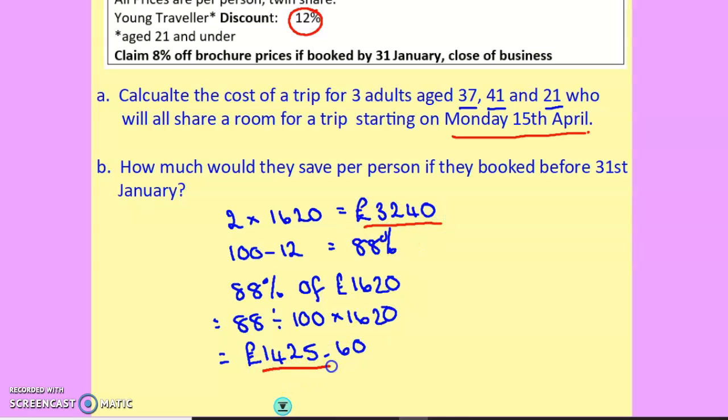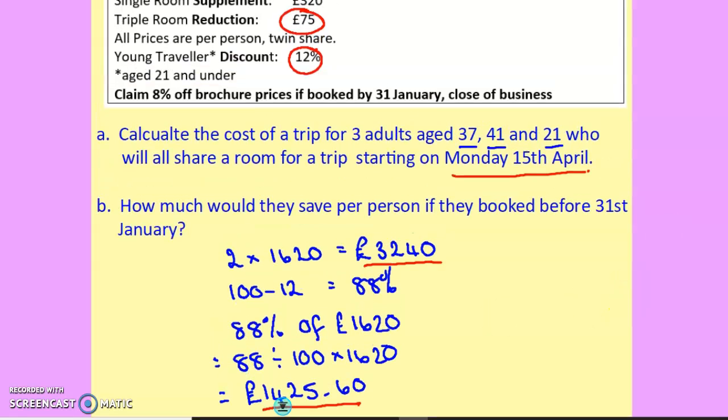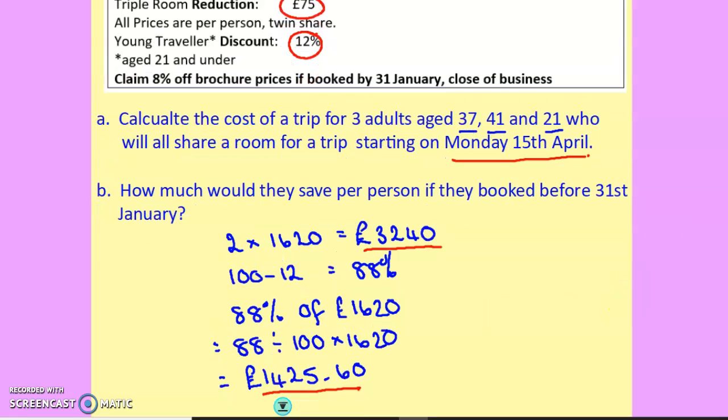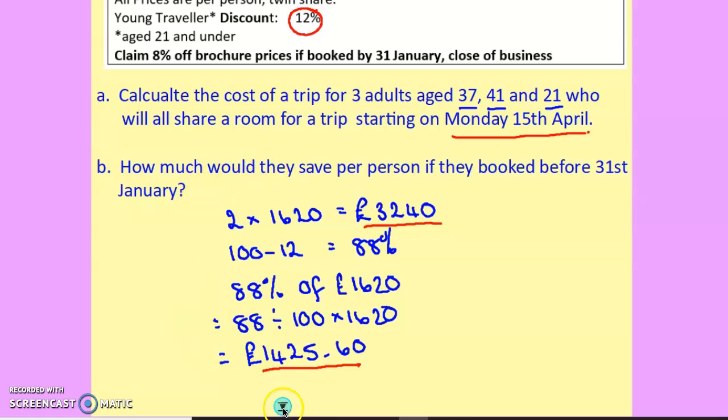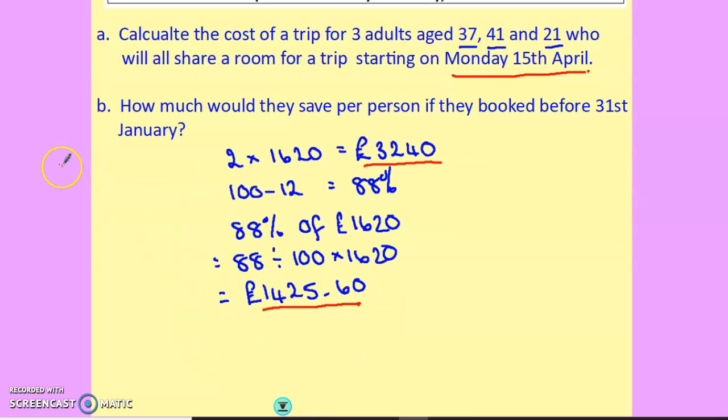So I've got what two full paying adults will pay. I've got what my young traveller will pay. They are all going to share a room, so we get the triple room reduction. Triple room reduction this time is £75. So let's work out the total cost.